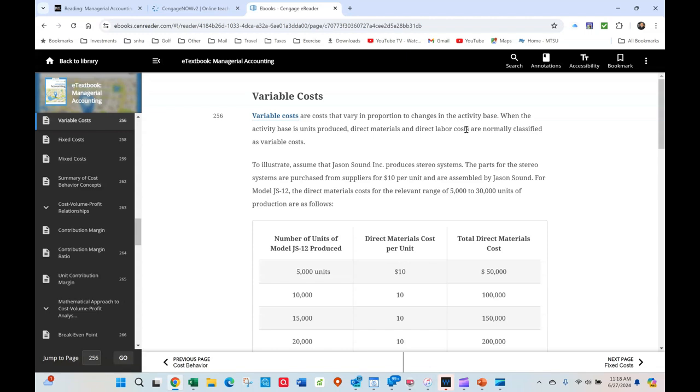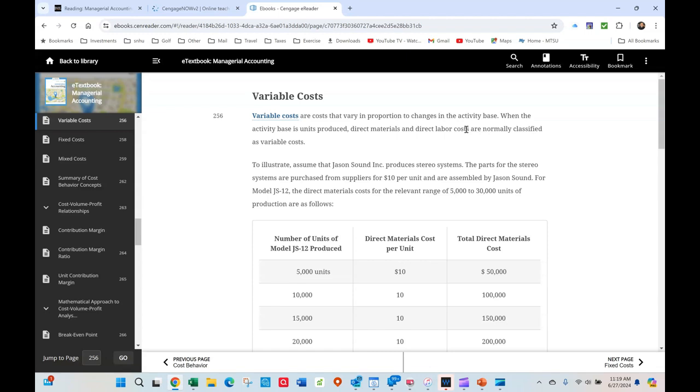And so every chicken sandwich you sell is really going to be a cost of those components. And if those components, let's say in this case, are $10, then the variable cost per unit isn't going to change. So that chicken sandwich is going to cost them $10 every time.